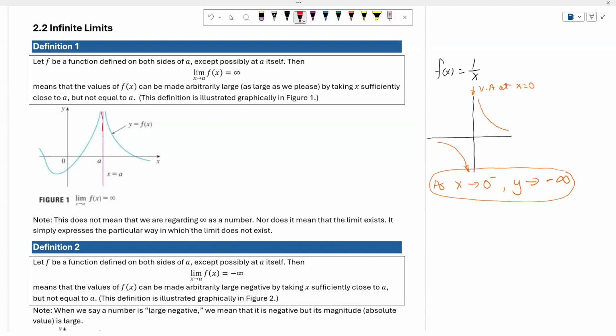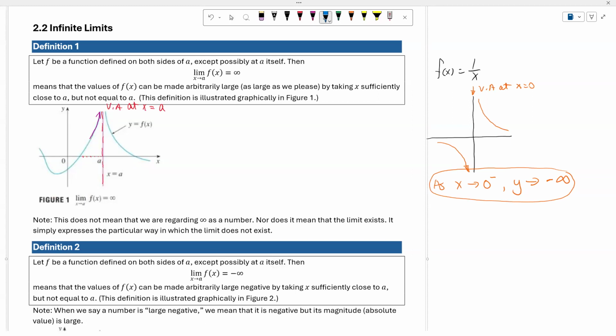In this case, we have a vertical asymptote at x equal to a. Then you will see that as x approaches a from the left-hand side, the function is getting bigger and bigger to infinity.